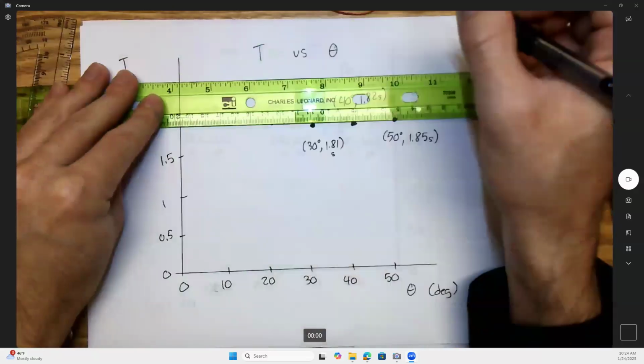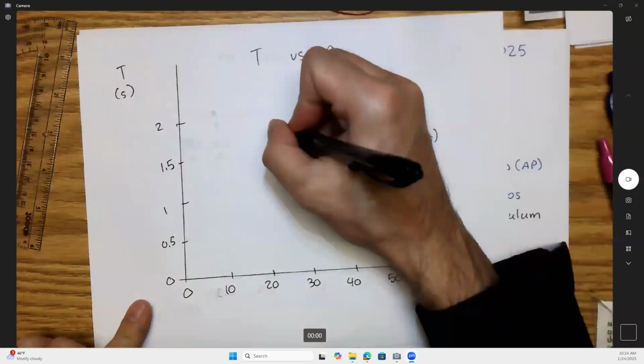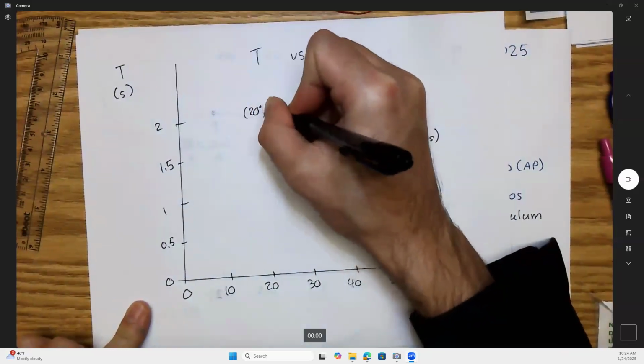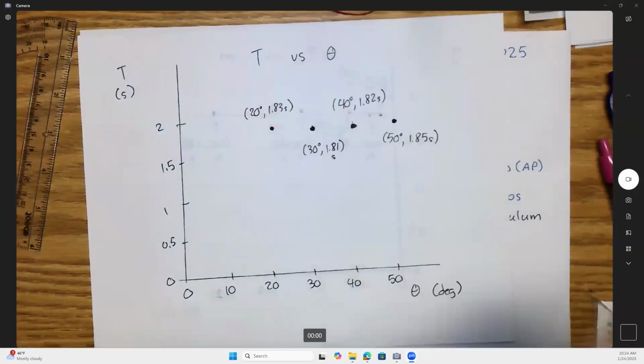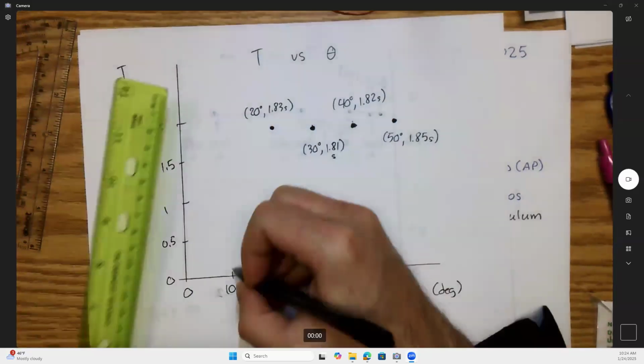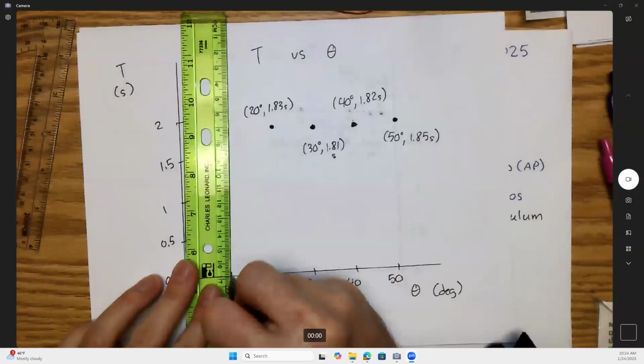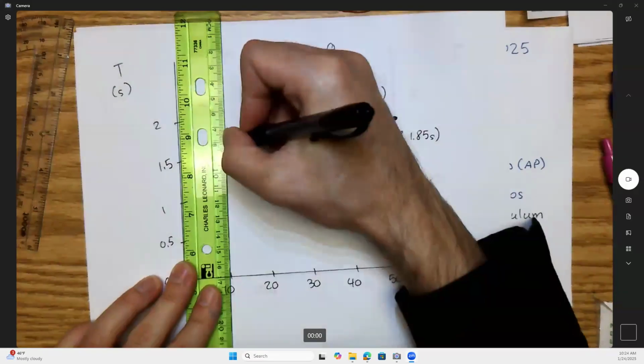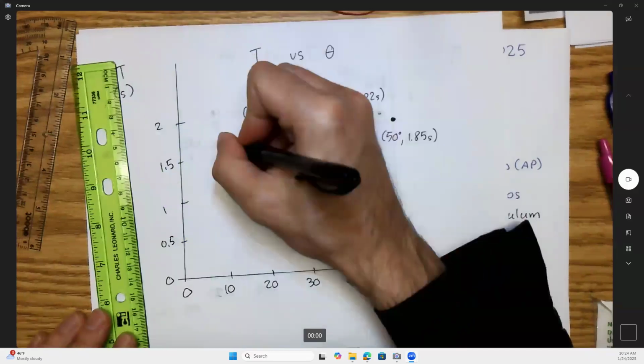Okay, it's up here. Then 10 degrees with 1.7 seconds. Okay.